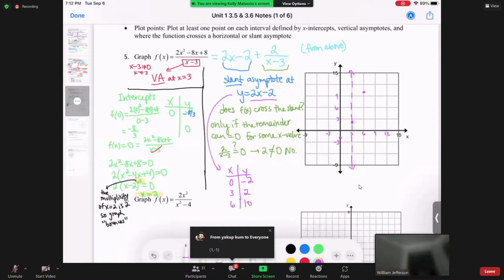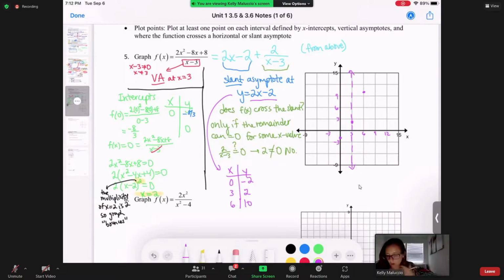Is it 3, 4? Oh, y equals 4. Oh, 6. Yes, you're right. That's why it didn't look right. Okay, thank you. Good. Clearly I'm losing it here. Okay, so 0, -2, 3, 4. And I see some people saying 2, 0, 1, 8.